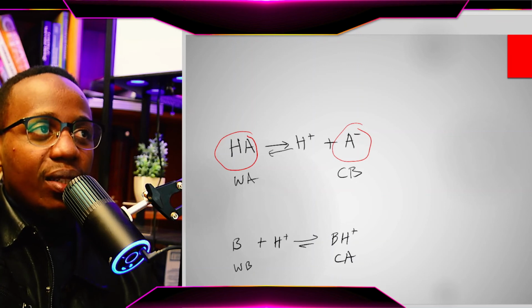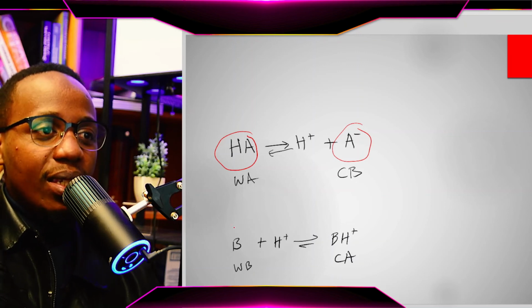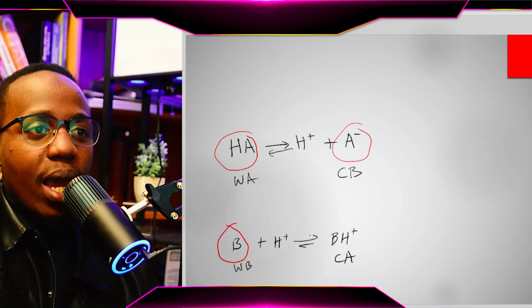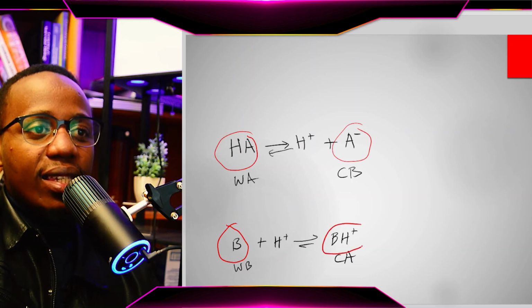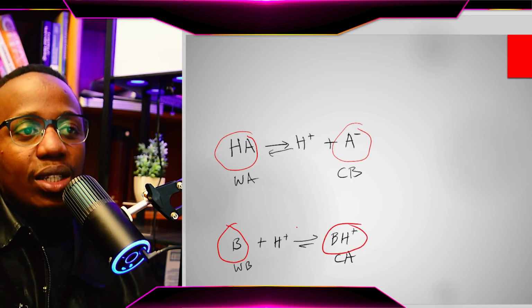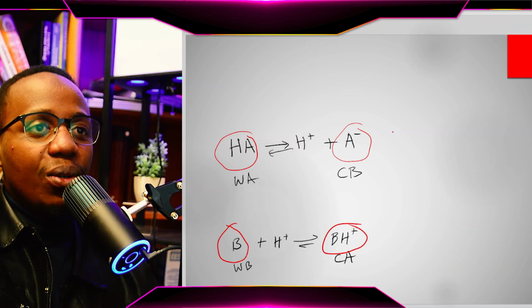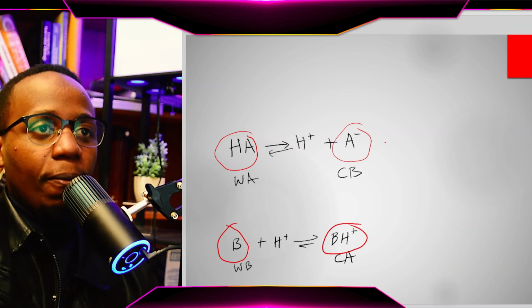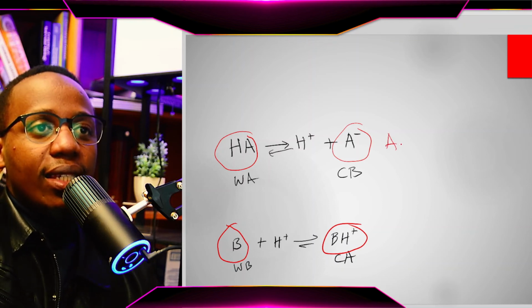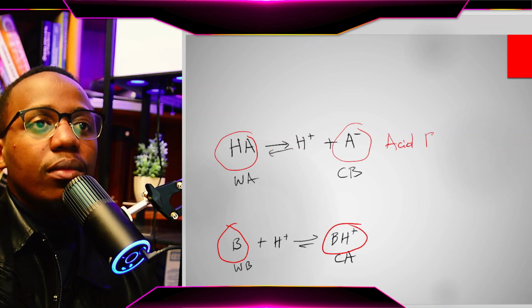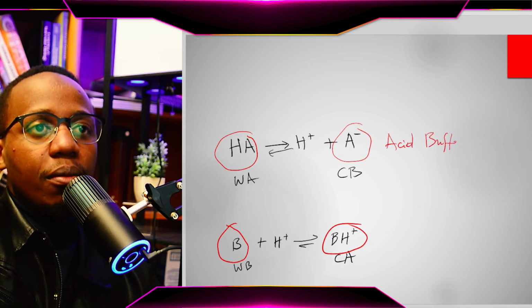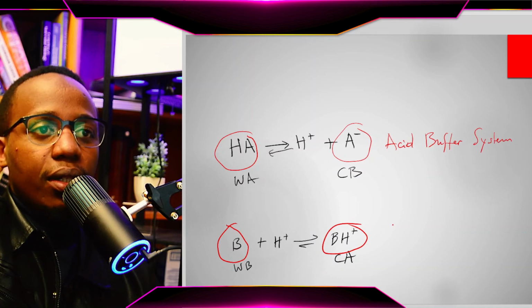A buffer system will be a system that has this base and this conjugate acid. So this is an acid buffer system, and this is a basic buffer system.